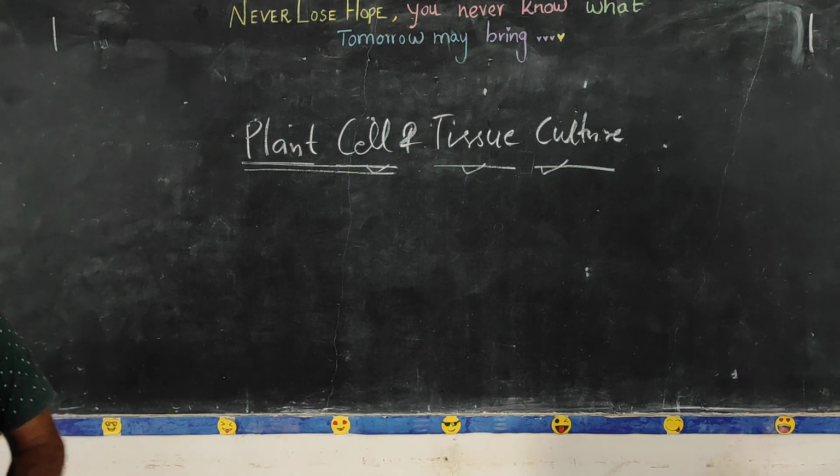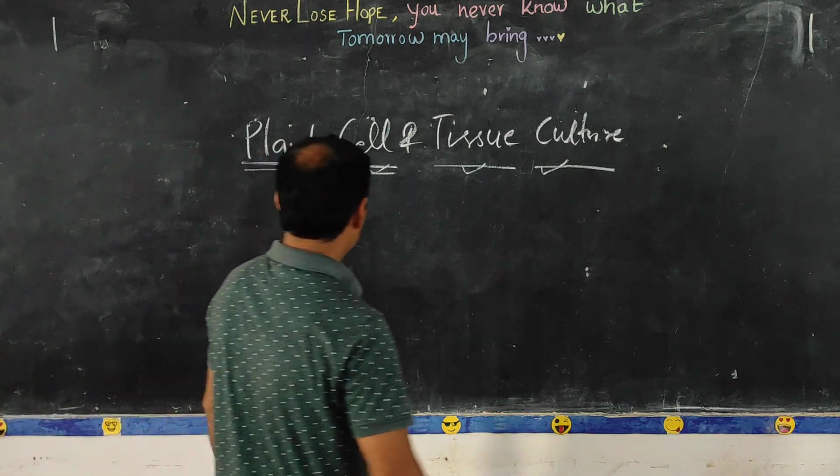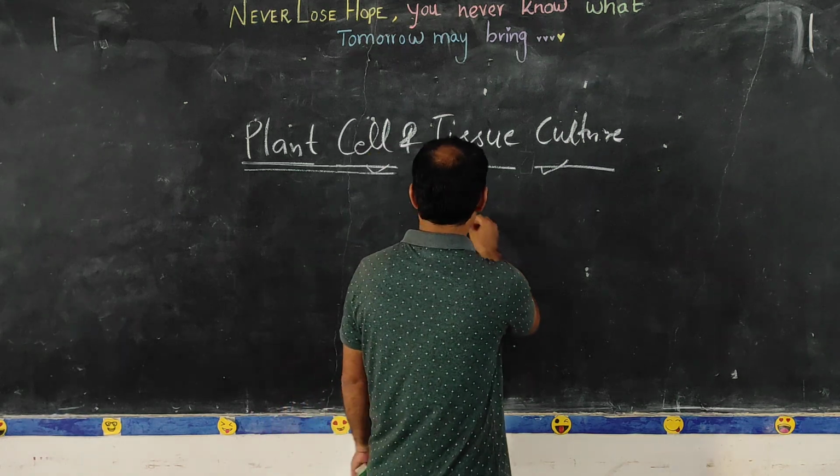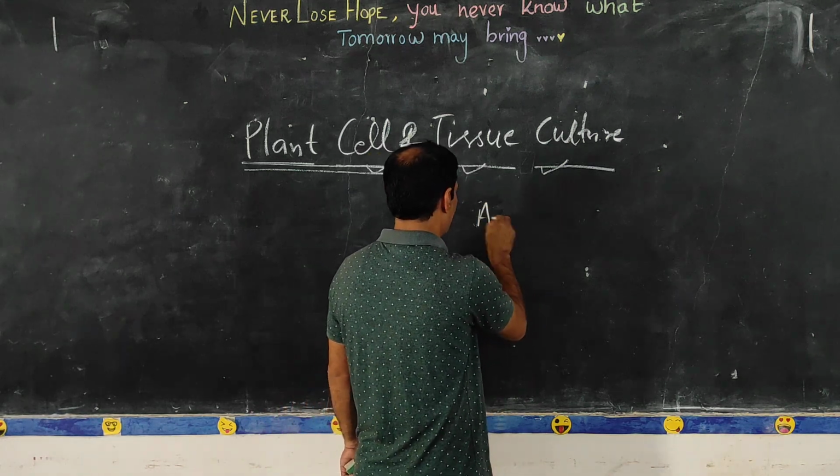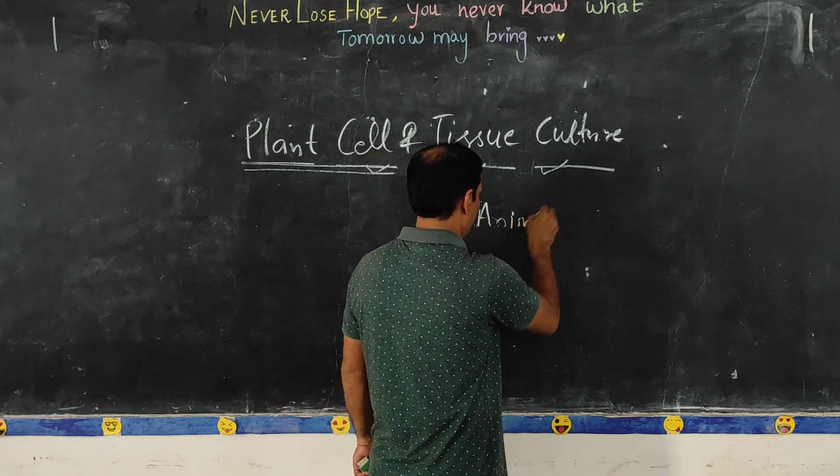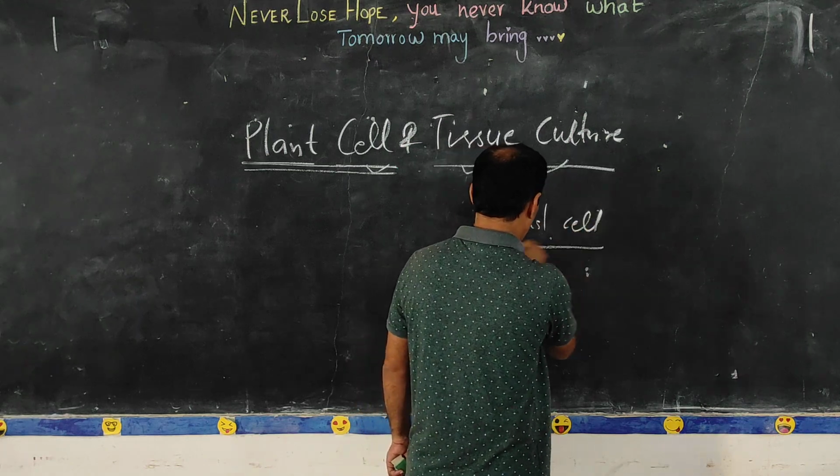And I hope you have a basic understanding of the plant cell at least, right? So, as we know, between plant cell and animal cell there is one basic difference, right?